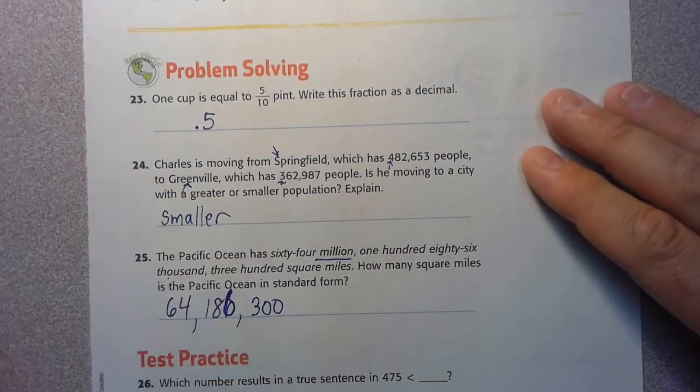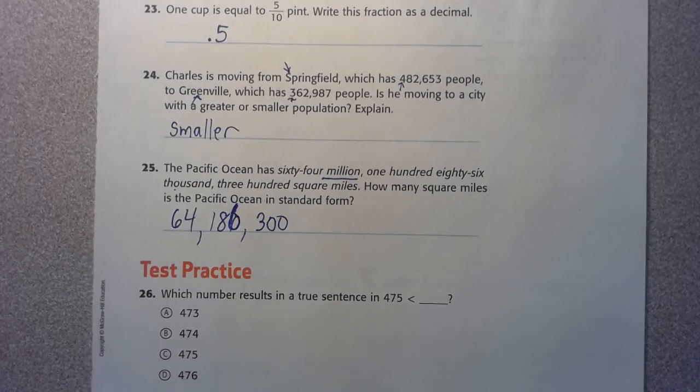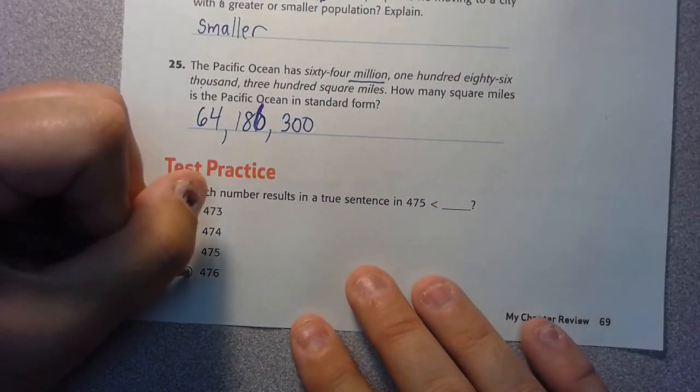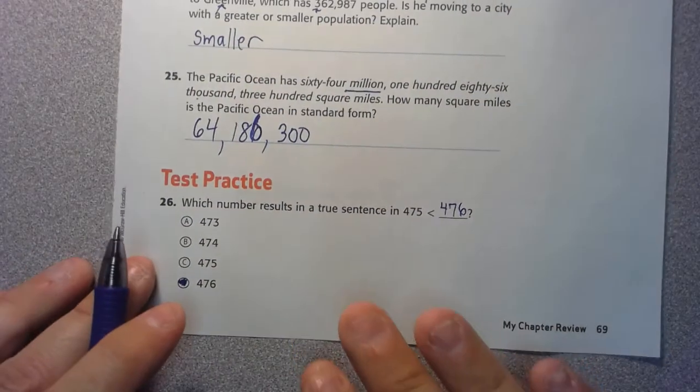That's a 6, by the way. So 64,186,300. And then last but not least, the birthday girl, which number results in a true sentence? D. D it is down here at the bottom because 476 is indeed larger than 475.